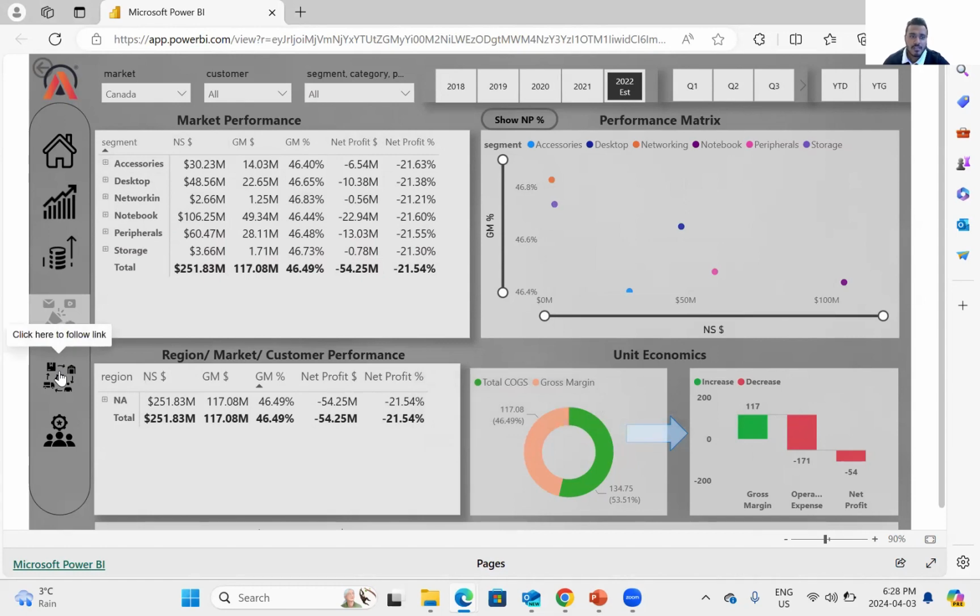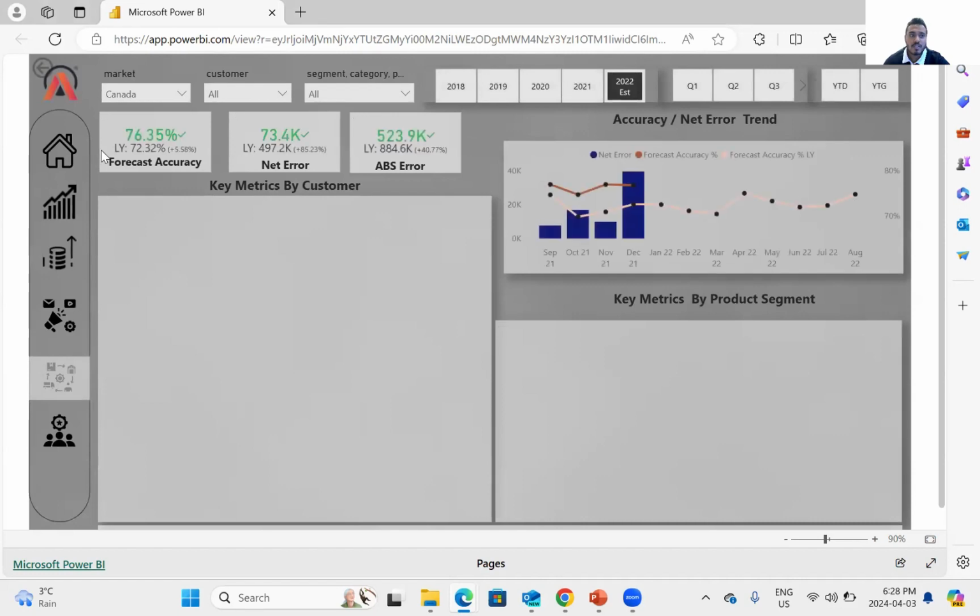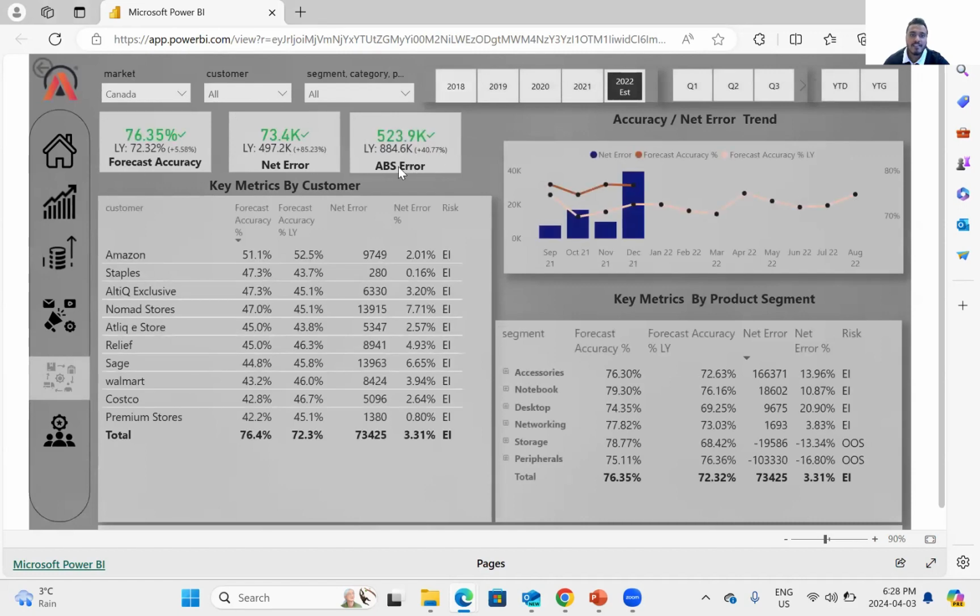And for the supply chain, it shows us the forecast accuracy, net error, KPI indicators, these absolute errors that show whether they are doing great or not. Because, as you see, the KPI shows in green, which means they did better than last year. These are the customers.